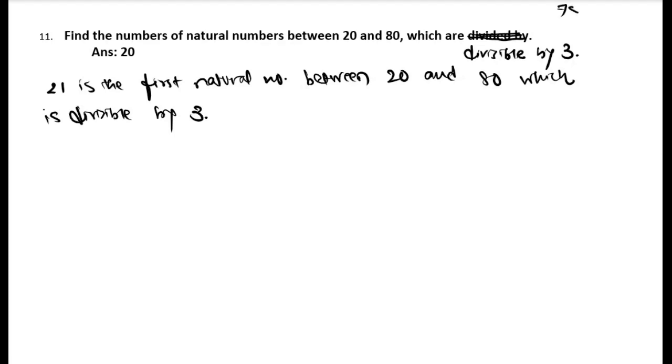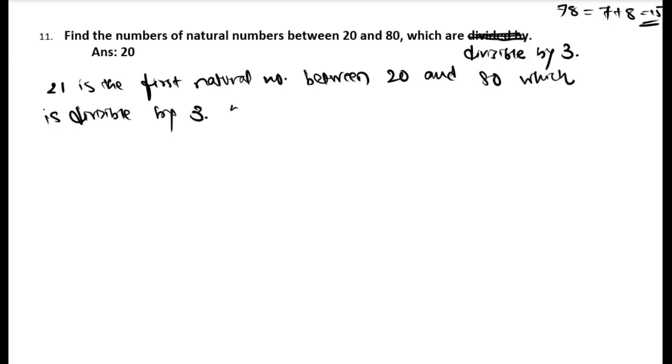So 78, which is nearest to 80 and smaller than 80, gives 7 plus 8, which is 15, which is divisible by 3, right? So if 15 is divisible by 3, then 78 is also divisible by 3.